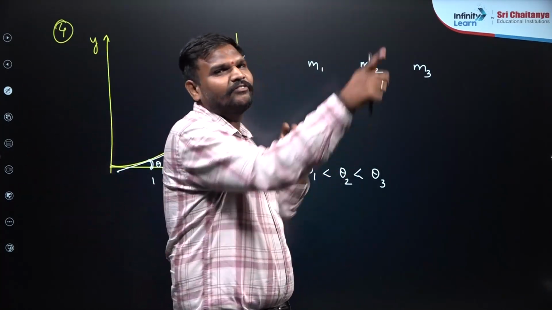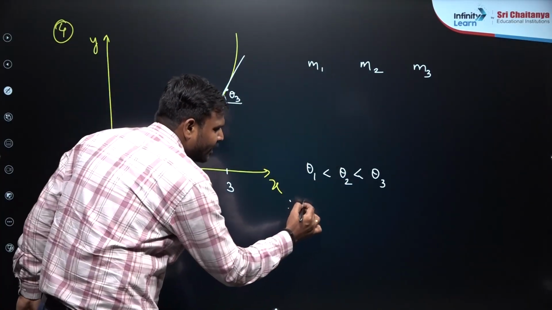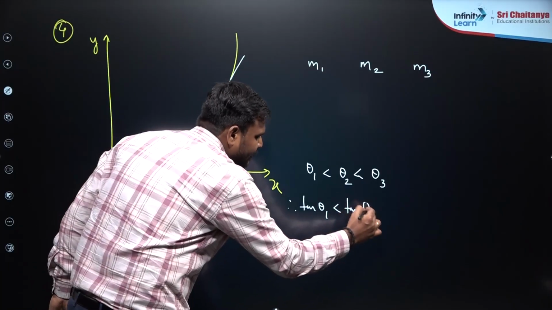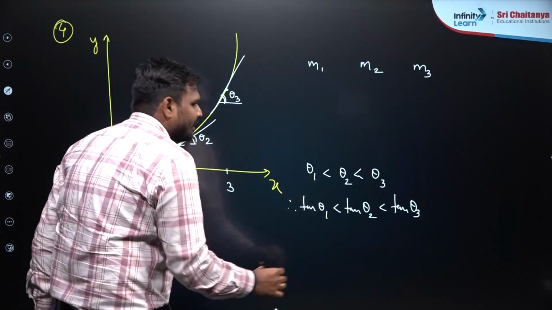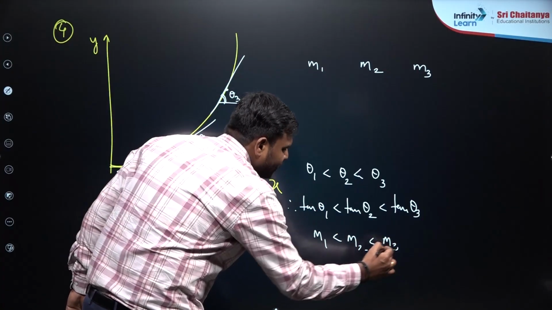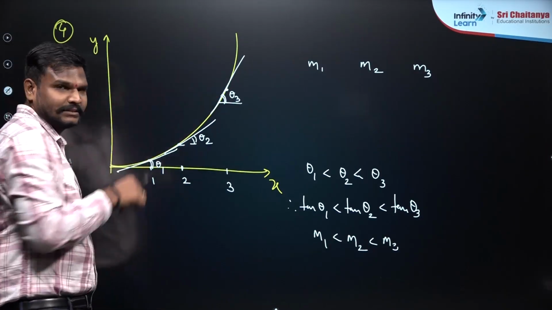So it is an increasing function. More the angle, more will be the tan theta. So we can write, therefore, tan theta 1 will be less than tan theta 2, and tan theta 3 will be the highest. And what is tan theta? The slopes. So we can come to a conclusion that at position 3 the slope is highest.